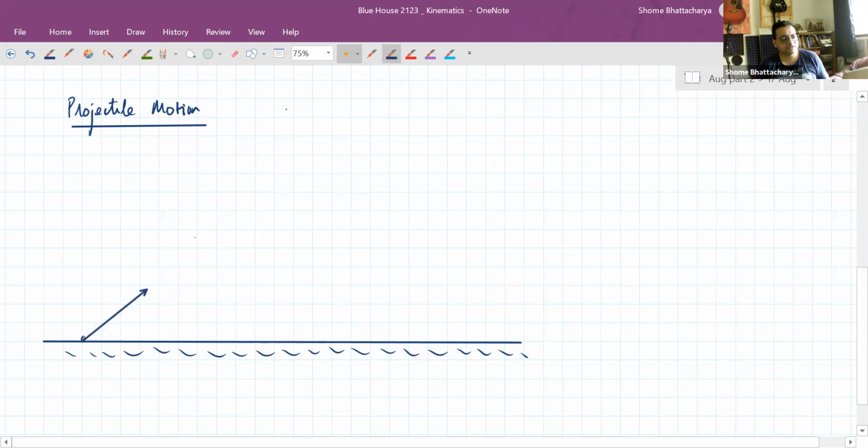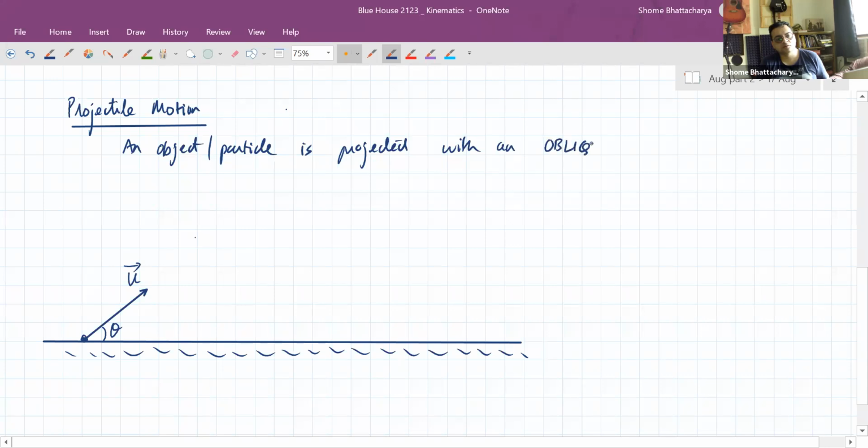So we are throwing or projecting an object, like a particle, at a velocity which is neither vertical nor horizontal, but is at some kind of angle with respect to the horizontal. So a particle is projected with what is called an oblique velocity u from a horizontal surface.